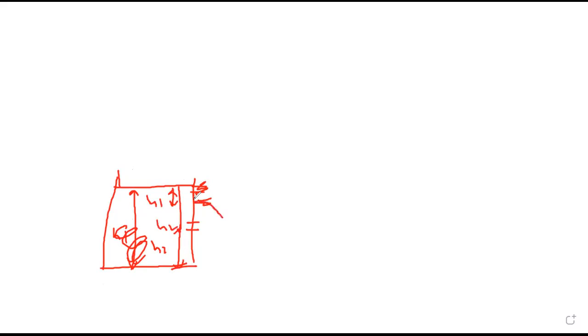It is found that from here the liquid will fall closer as compared to from here.